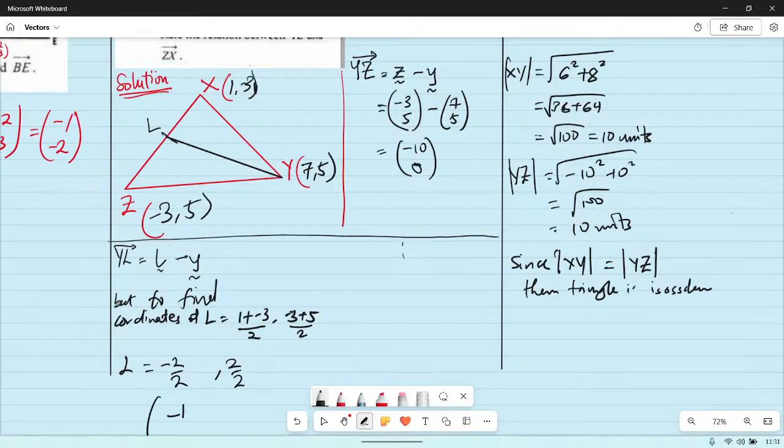It becomes (negative 1, 1). Right? So now if you want to find YL, L minus Y becomes (negative 1, 1) minus (7, 5), which becomes (negative 8, negative 4).